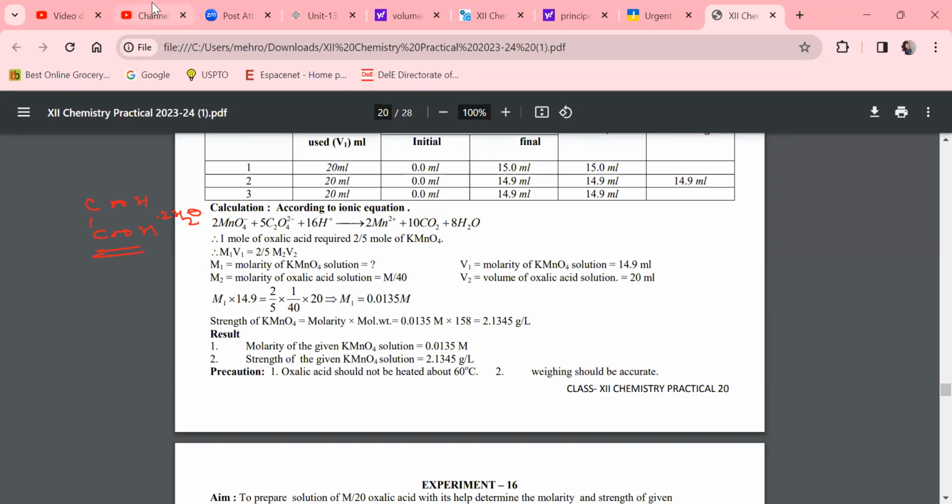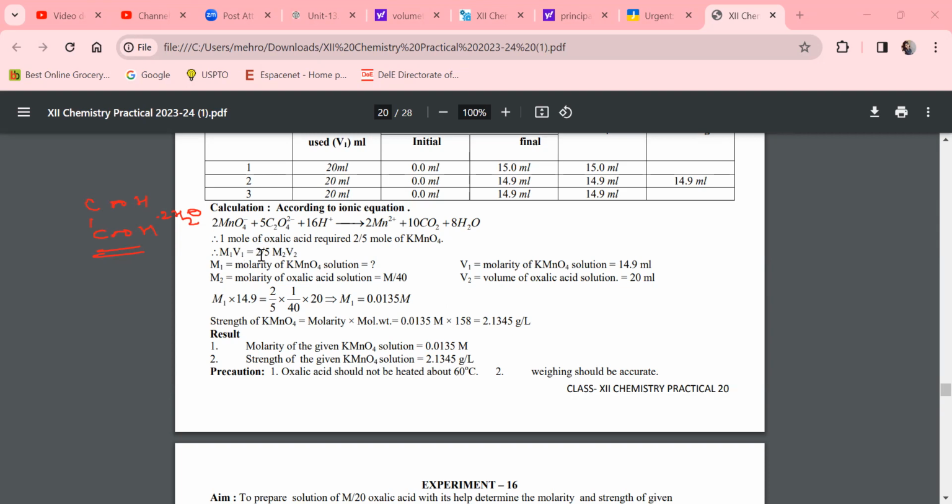And for the mixture calculation, that is M1V1 equal to M2V2. Now, on one side you will use the molarity of KMnO4 and on the other side the molarity of oxalic acid.